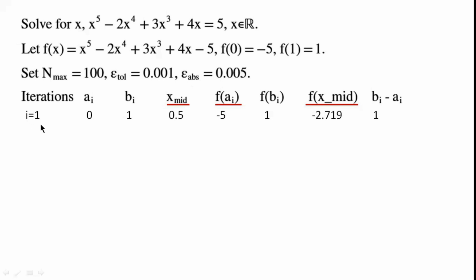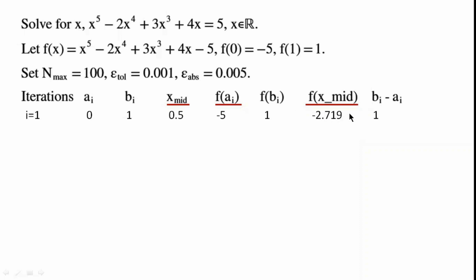When i equals 1, ai equals 0, bi equals 1, x mid equals 0.5, f of ai equals minus 5, f of bi equals 1, f of x mid equals minus 2.719, bi minus ai equals 1.